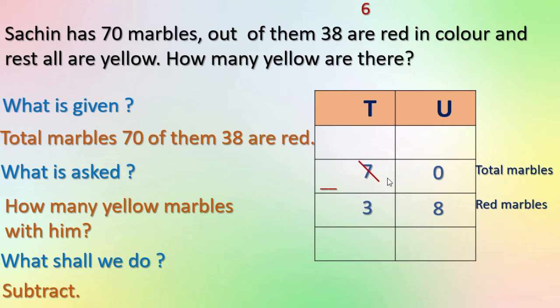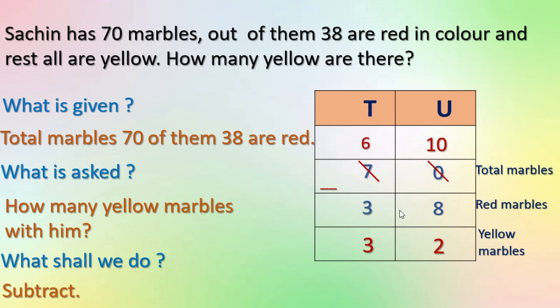We have to borrow from 7, so it became 6 and 0 becomes 10. Now here 10 minus 8 is equal to 2, 6 minus 3 is equal to 3. So here 32 yellow marbles are there with Sachin.